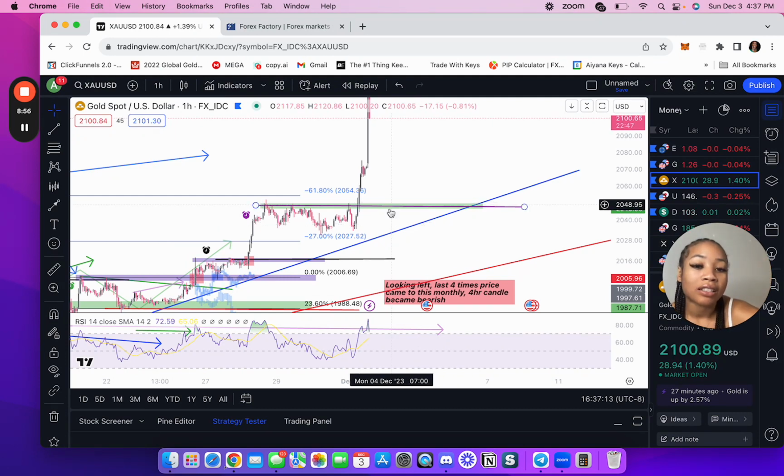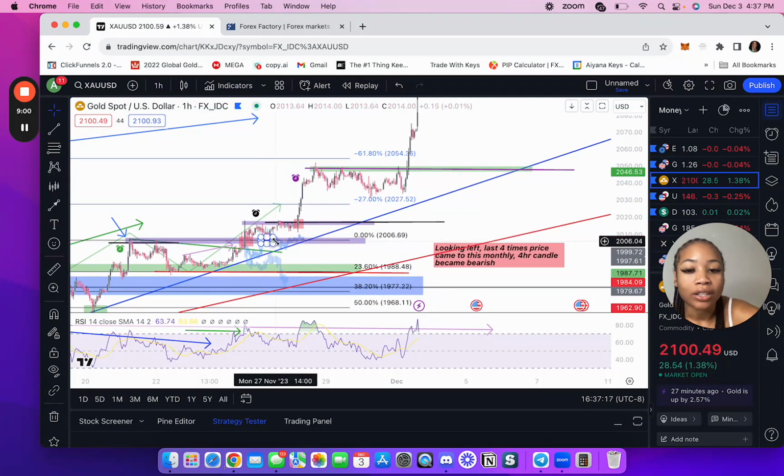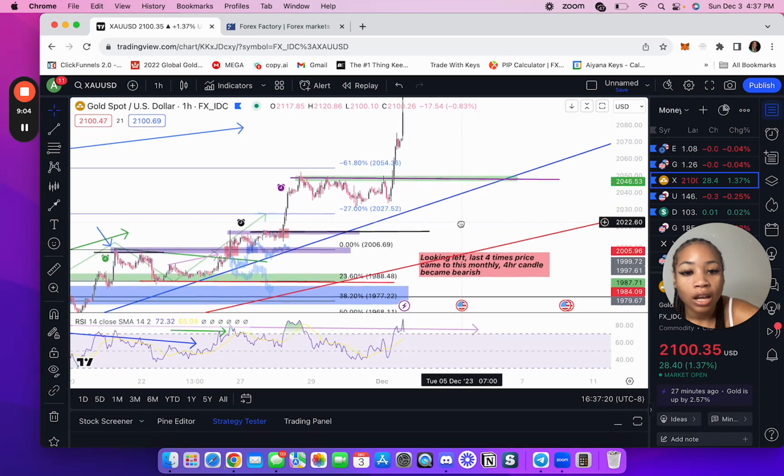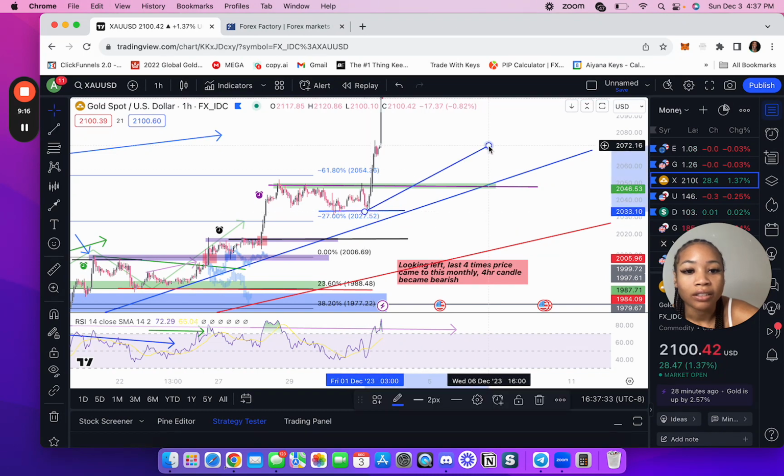If it comes back down to this area, what I'm going to look for is the same thing that happened right here with that wick exhaustion. And also that will be considered a higher low. So we have this low right here. If it comes back down here, it'll be looking something like that.